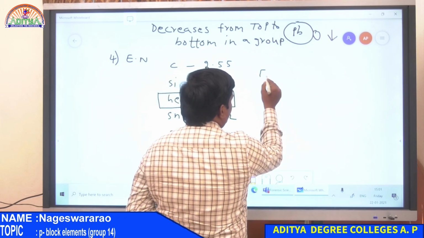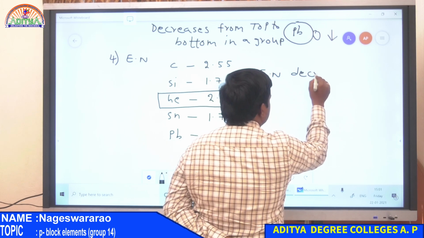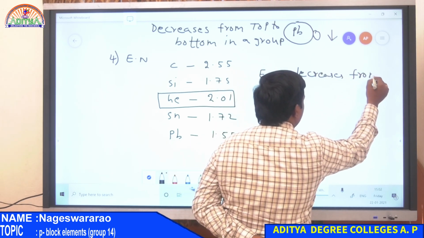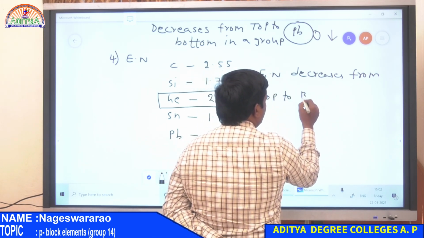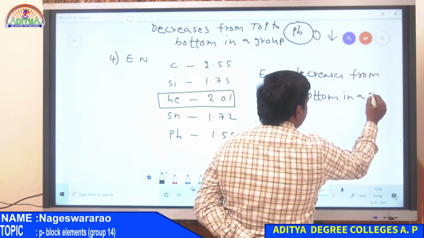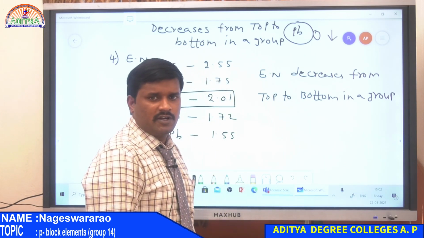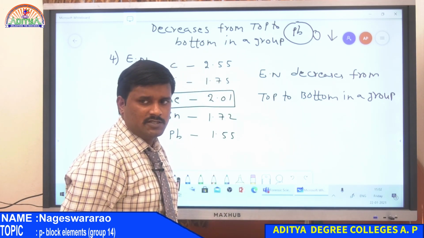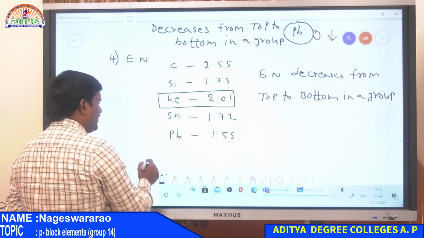Therefore, electronegativity values always decrease from top to bottom in a group. Carbon has the highest electronegativity and lead has the lowest in this group. So this is the fourth property, electronegativity.